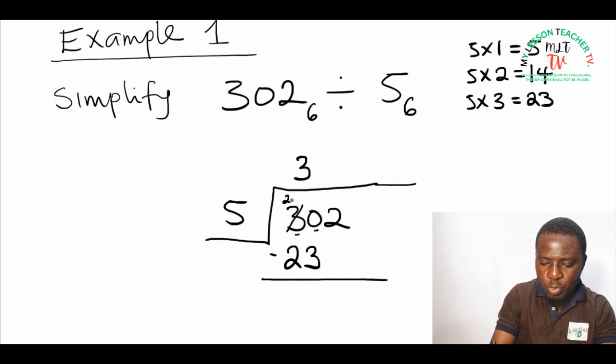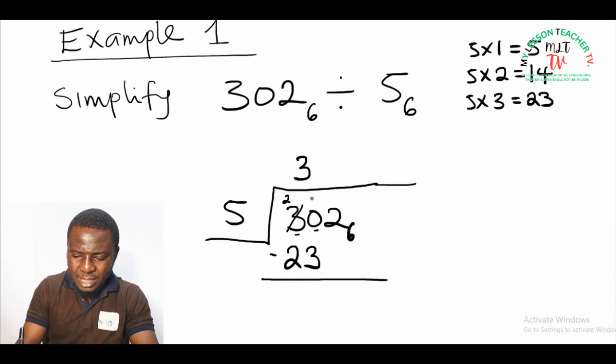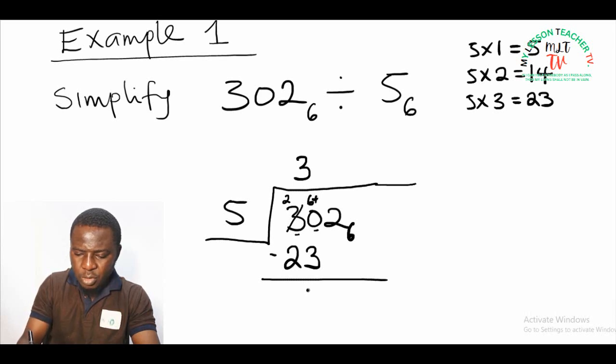This becomes 2. Remember, what you are borrowing is equivalent to the base, which is base 6. So this becomes 6 plus 0, which is 6. 6 minus 3 is 3. 2 minus 2 is 0. Then you bring down 2.